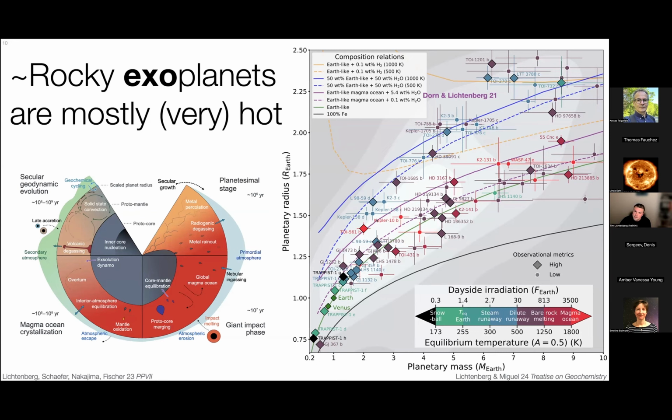And the line you see that goes through this planet, like a few others, is one of an Earth-like composition with about 5% of water mixed in. And so this can explain the mass-radius curve and also, for example, the retention of volatiles in these planets, if there are some. I guess TBD.